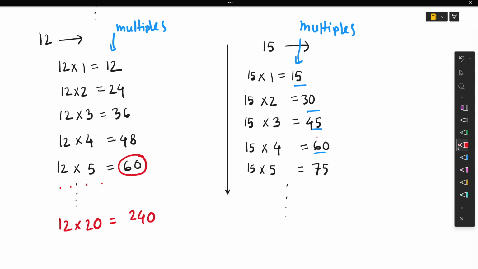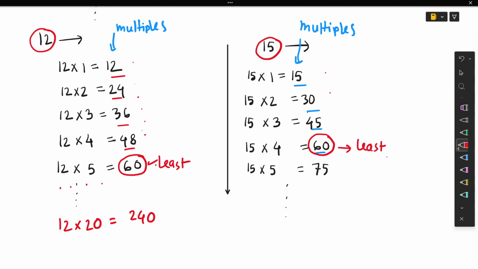So in between all these values, which one is the most common? 60. 60 is a multiple of 15. 60 is a multiple of 12, and it is the least common multiple. It is common, and it is the least one. There is no other one which is the same in these values.